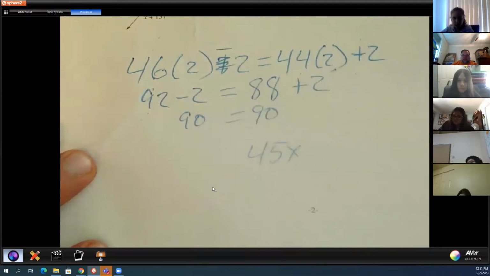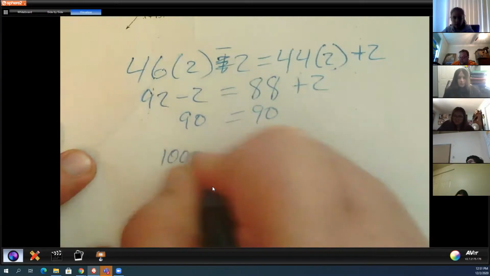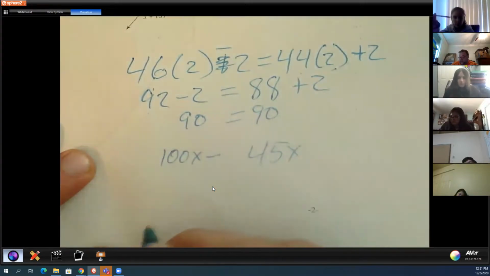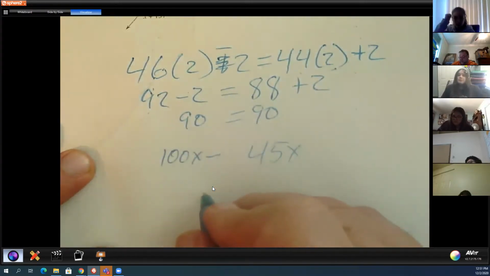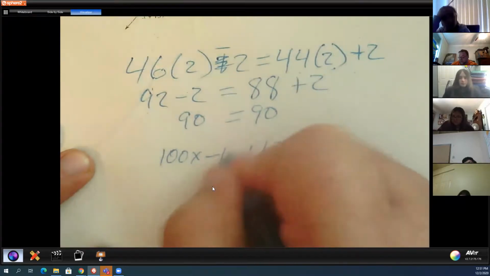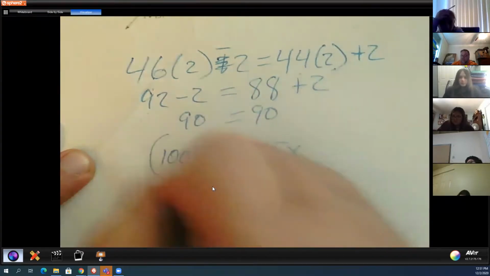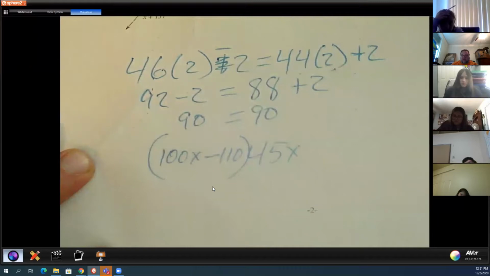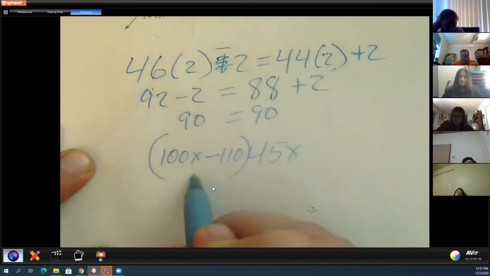Because then it would be 90 again, right? Couldn't I do 100x minus 110? Wouldn't that also be a valid way to express it? Because this is still going to come out to be 90 if x is 2, right?